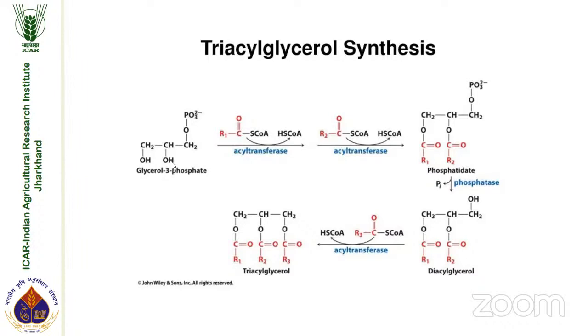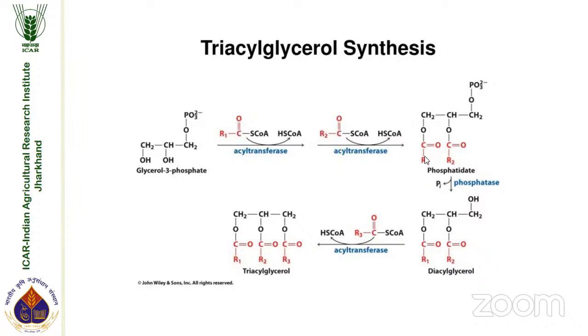This glycerol 3-phosphate, with the action of fatty acids of varying chain length, and an acyl transferase enzyme, will transfer one R group to this OH group and another R group to this OH group. So you have phosphatidic acid.